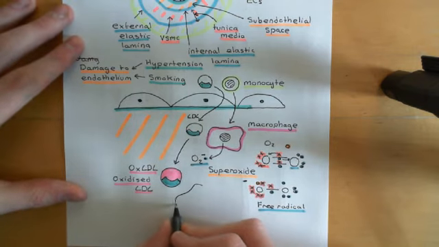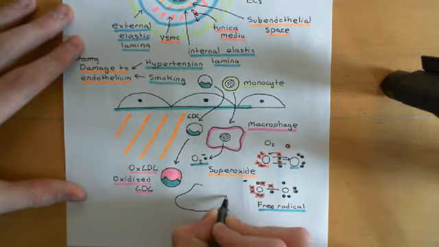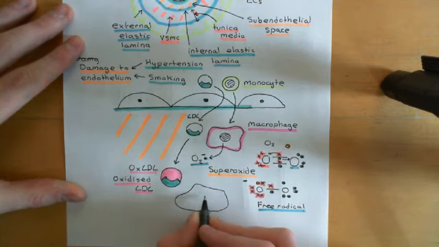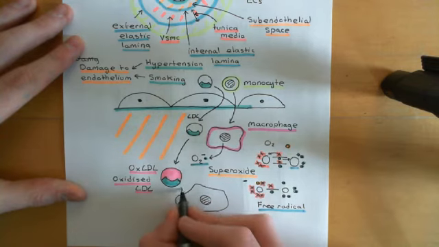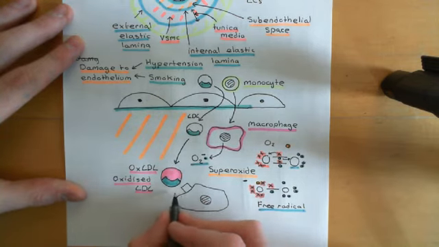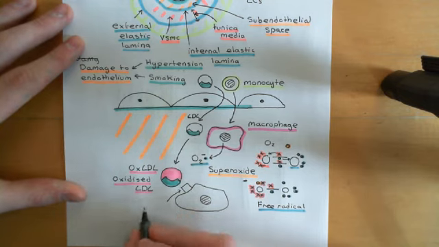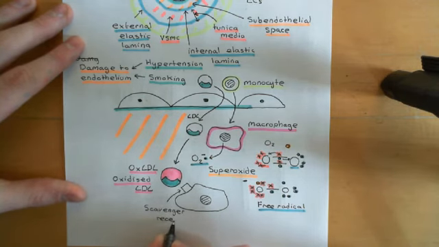So they have a receptor which is capable of binding to the oxidized LDL and then endocytosing it. But this is not one of the receptors that we have seen previously. This is what's known as a scavenger receptor. But similarly to what we have seen previously, it results in the endocytosis of the oxidized LDL.